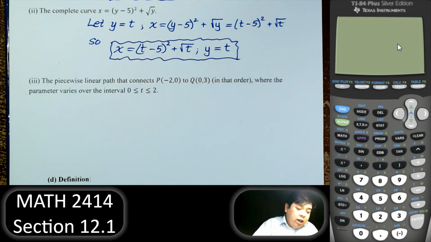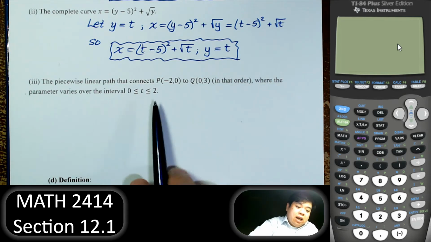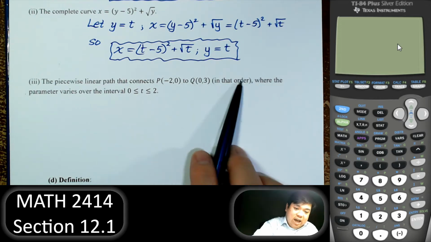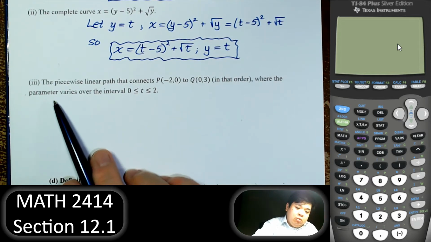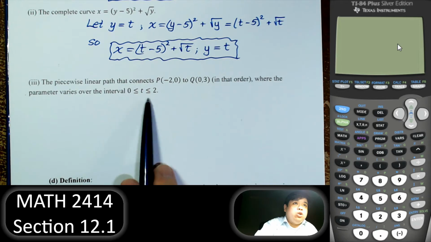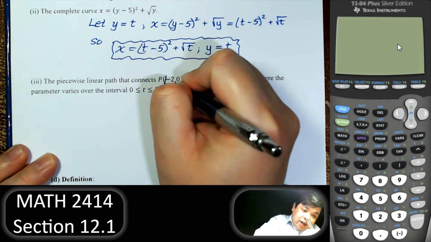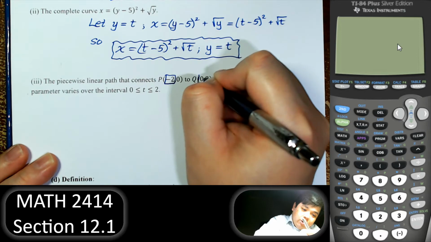Next we want a linear path that connects (-2, 0) to (0, 3) in that order, where the parameter goes from 0 to 2. So in that case we need two functions, x and y in terms of t, right? Now let's look at the x values first. -2 to 0, right?